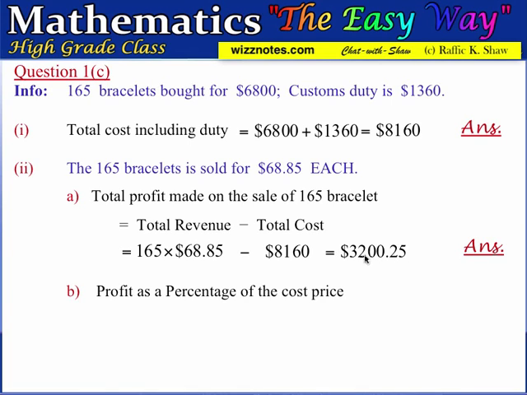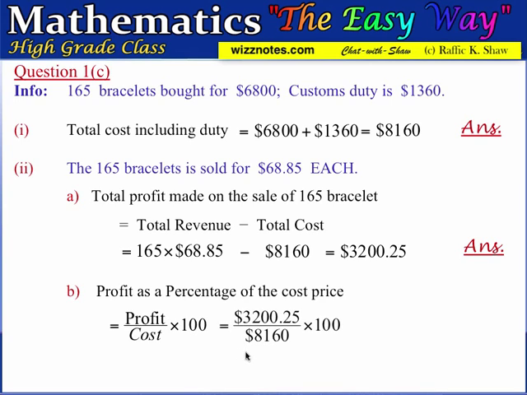And this here is the total profit made on the sale now of the 165 bracelets. And so we want to calculate the profit as a percentage of cost price. And so it is the profit divided by the cost, the total profit divided by the total cost. And as a percentage, we multiply that by 100. This is the calculation. It is the total profit divided by the total cost multiplied by 100. That gives the profit as a percentage of the cost price.